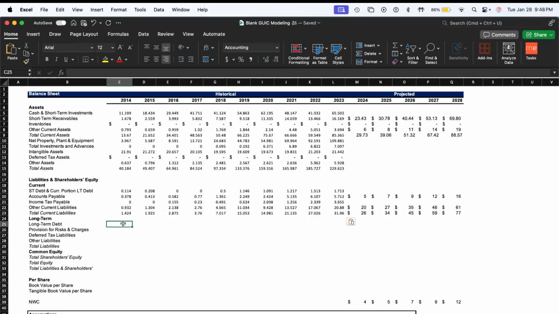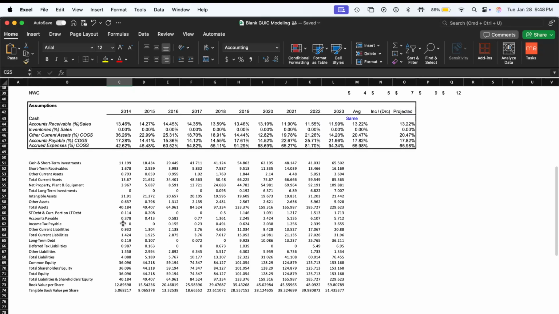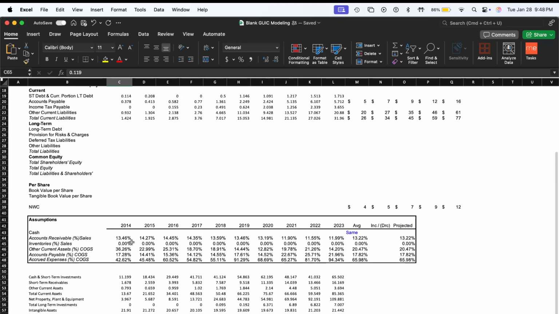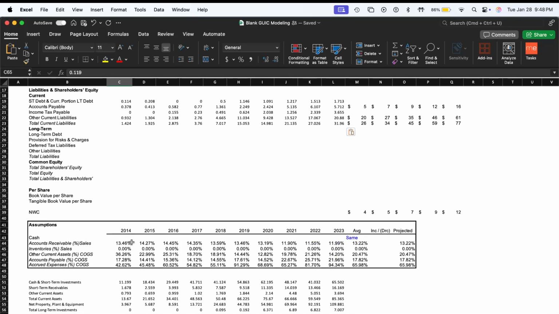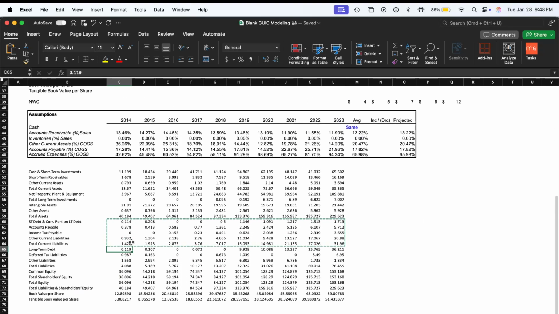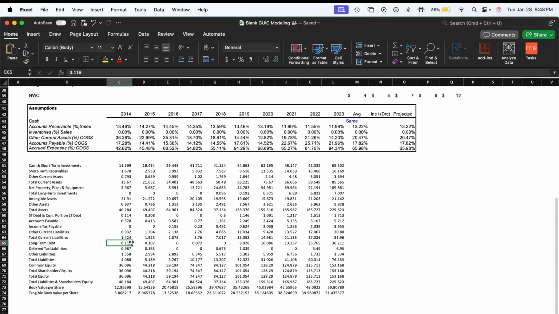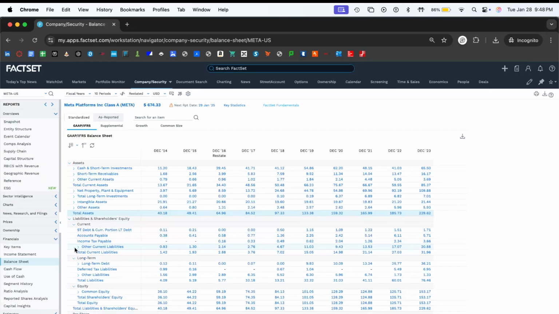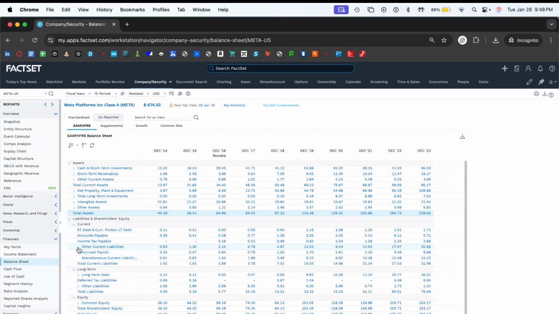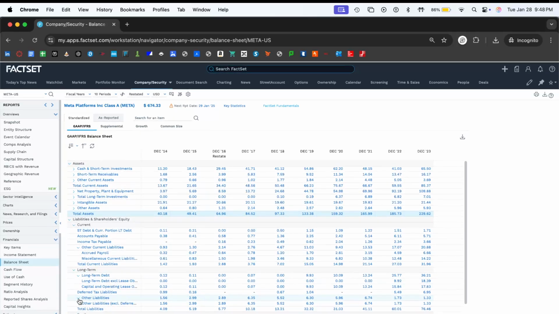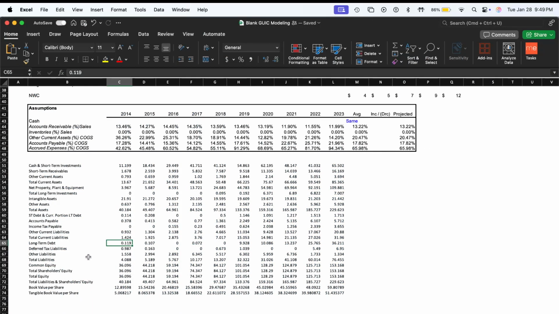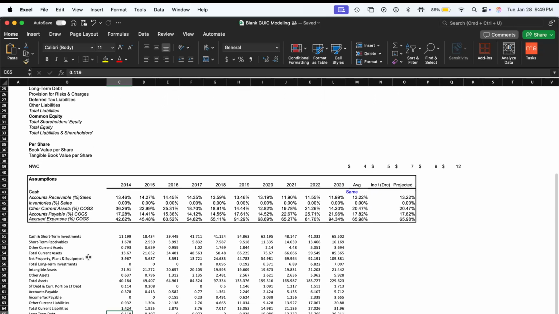So now with term debt, let's see, long-term debt, we have that. Then we have the provisions for risk and charges, which is not on here. So there's a chance again that they don't have it. Mm, it looks like they do not have any other provisions for risks, which is fair.